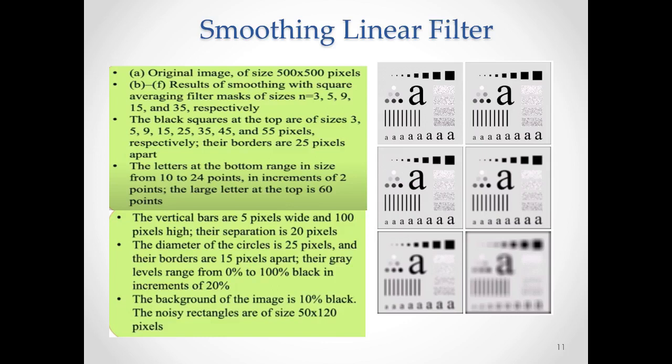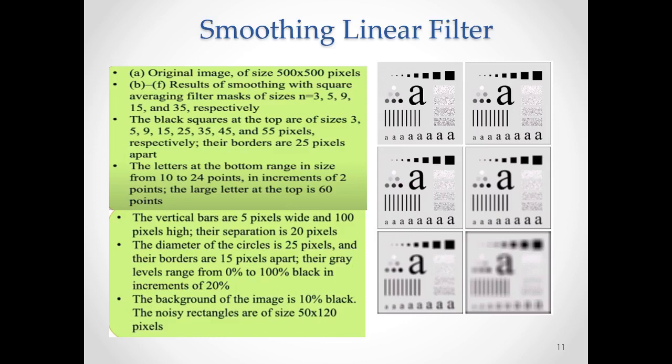The general implementation for a filter with image M cross N and mask small m cross small n is given as g(x,y) equals summation of s equals minus a to a, summation of t equals minus b to b, w(s,t) into f(x+s, y+t), divided by summation of s equals minus a to a, summation of t equals minus b to b, w(s,t).